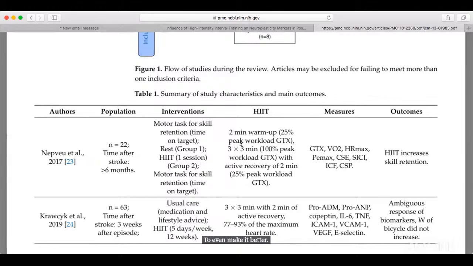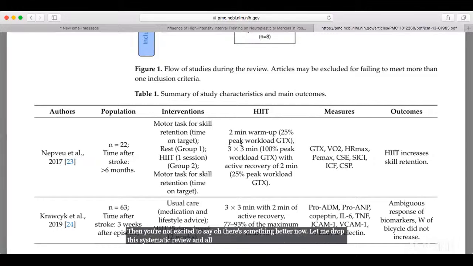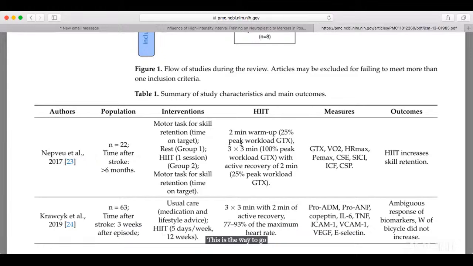Then you go and search, after the 3 months that you have been using this article, whether that study has been done. Then you say, oh, look, there's something better now. Let me drop this systematic review and all these RCTs, and go back to that new study that has been published that has shown an update in how to apply this to patients. This is the way to go, and this is what evidence-based practice is all about.